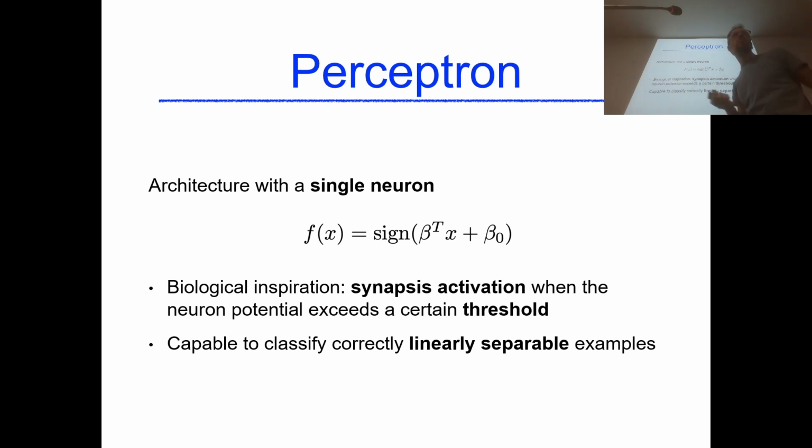In the brain, neurons work more or less this way: they get inputs from synapses. When the input is strong enough to surpass a given threshold, the neuron fires another signal on the output synapses. That's how, in a very simplified way, neurons in the brain work.